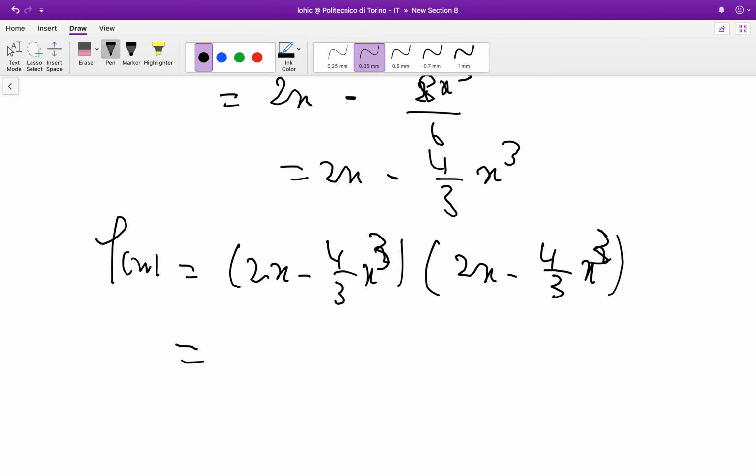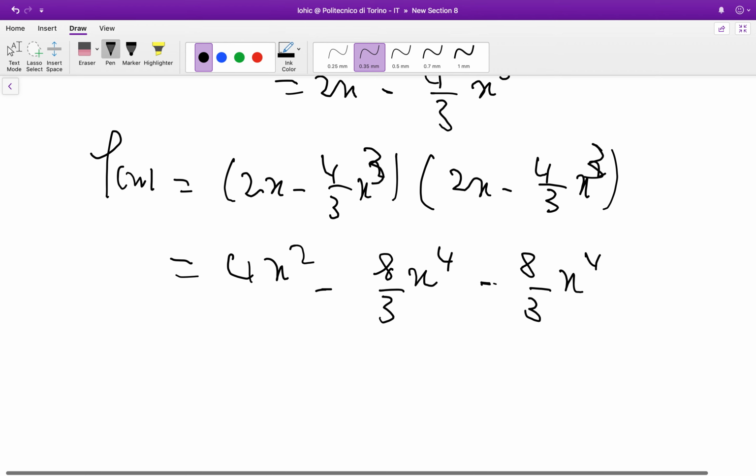And thus you will get 4x squared minus 8 over 3 x^4 minus 8 over 3 x^4, but the last term is useless because it will be x to the power 6, which I don't need, so this is plus little o of x^4.